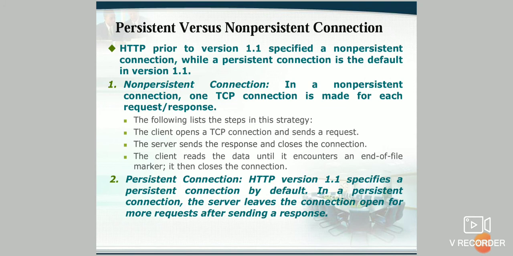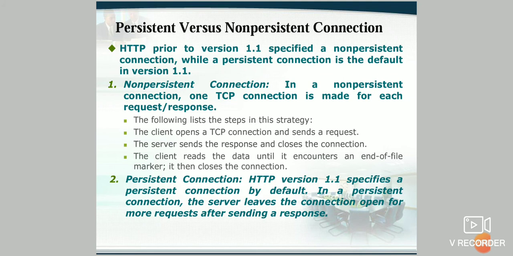It then closes the connection. So after receiving the entire information, the client also closes the connection. So in the case of a non-persistent connection, if there are n requests, then n times we have to open a connection with the server and send a request.